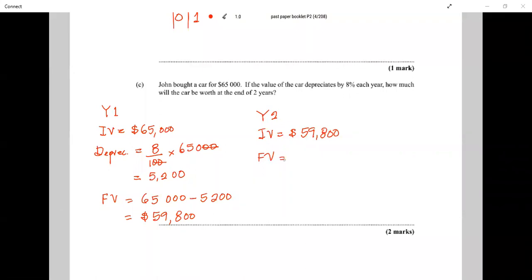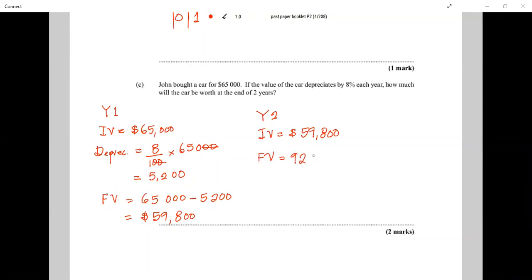Now, if something loses 8% of its value, remember there's 100% in a whole. So if something loses 8% of its value, the percentage that is left is 92%. So the final value would be 92%.